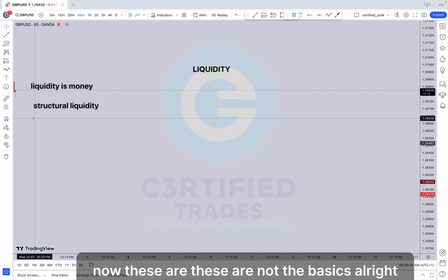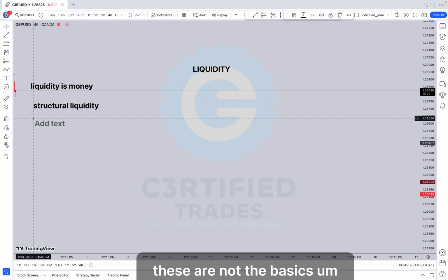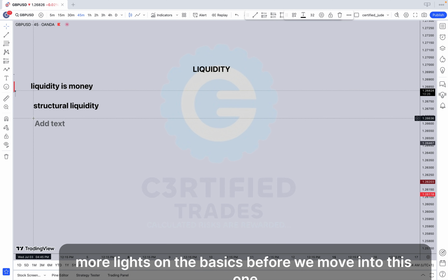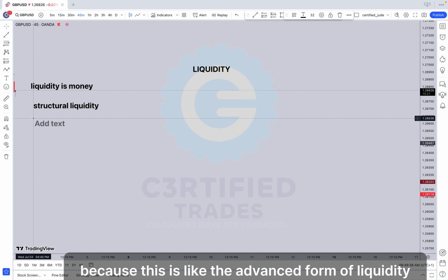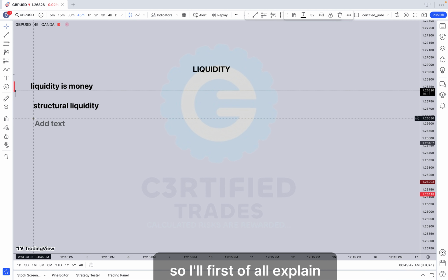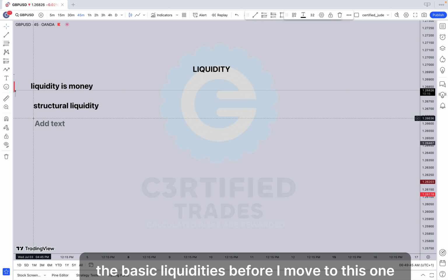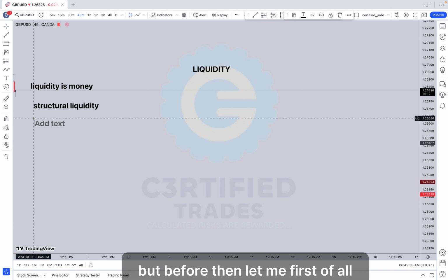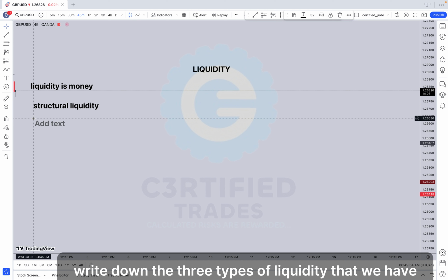Now these are not the basics. These are the advanced form of liquidity. I'll first throw more light on the basics before we move into this one. So I'll first explain the basic liquidities. But before then, let me write down the three types of liquidity.